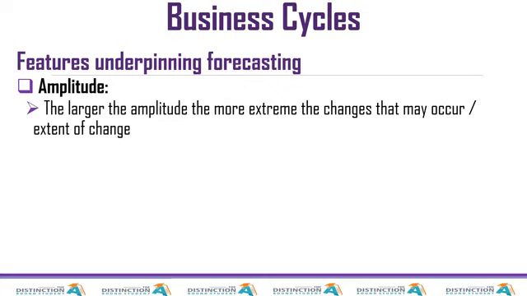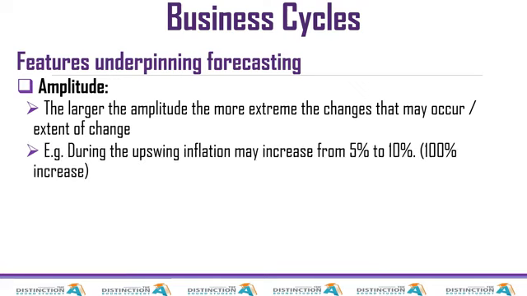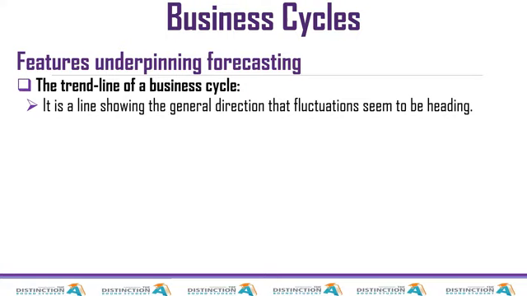The larger the amplitude, the more extreme the changes that may occur or extent of change. E.g., during an upswing, inflation may increase from 5% to 10%. That is 100% increase.